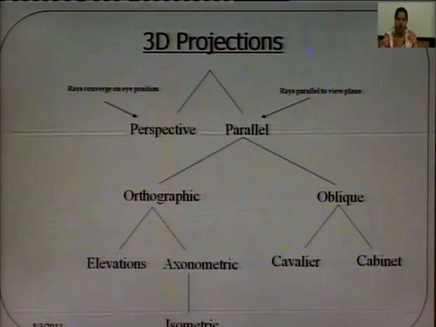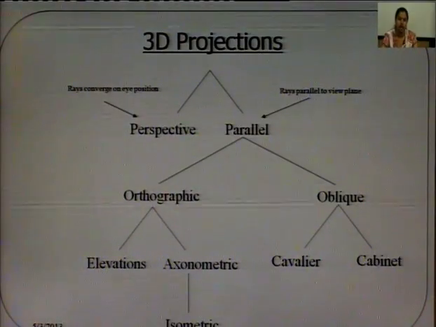Orthographic and oblique. In the orthographic we have elevation and axonometric, and oblique is Cavalier and cabinet, and the axonometric is further the isometric view.